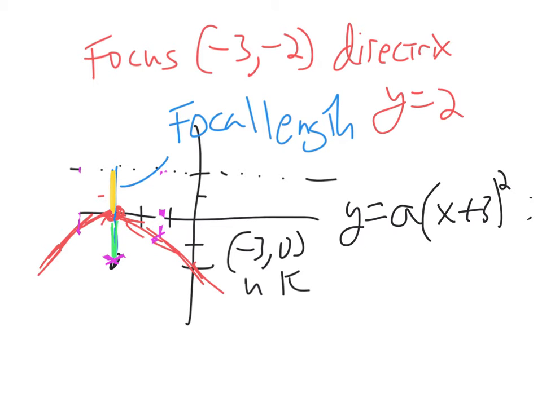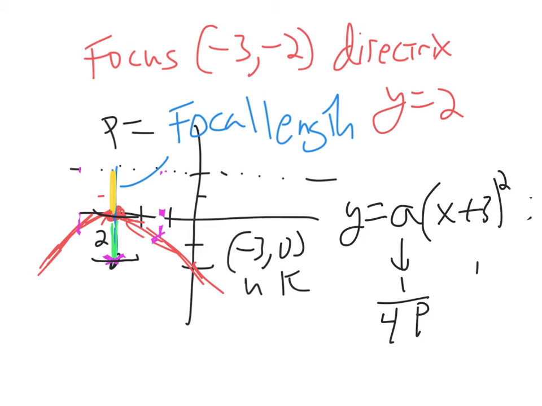Well, it just so happens that there's this little formula that they don't tell you: 1/4 times the focal length, p is usually used to represent the focal length, is going to be what a is. So the distance to y equals 2 is the focal length, 2.